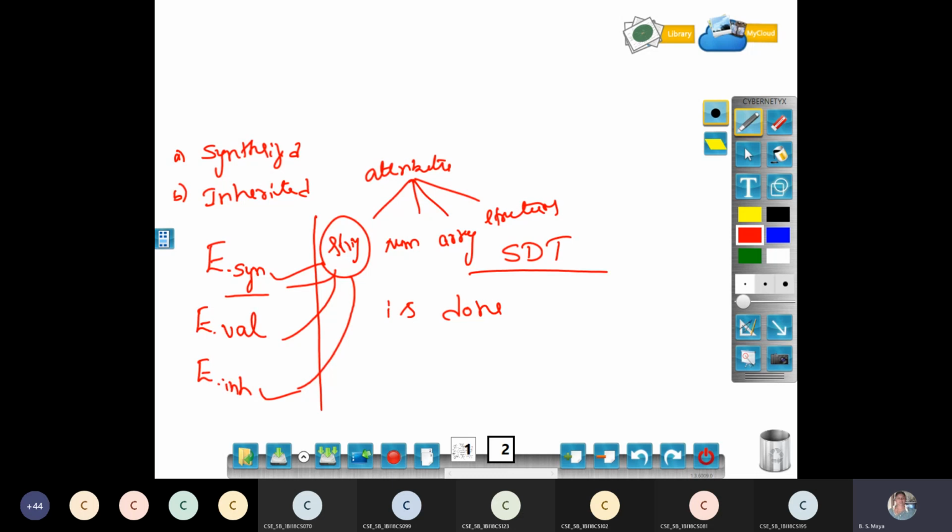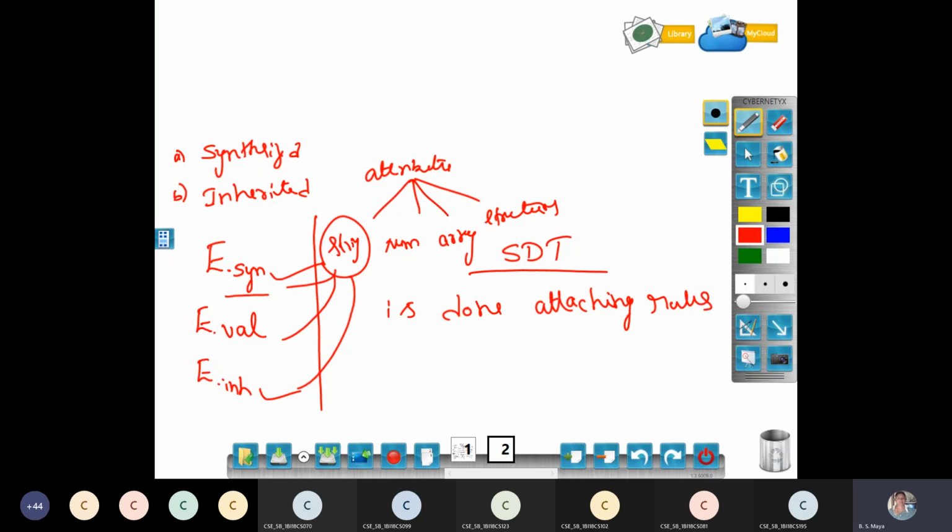Syntax directed translation is transferring from one form to another form. How can I do it for your semantic analyzer? This translation is done in two parts. One is attaching rules.